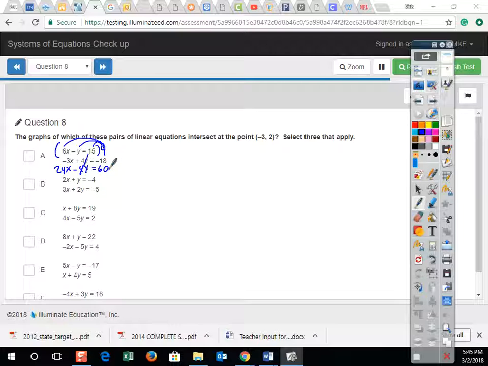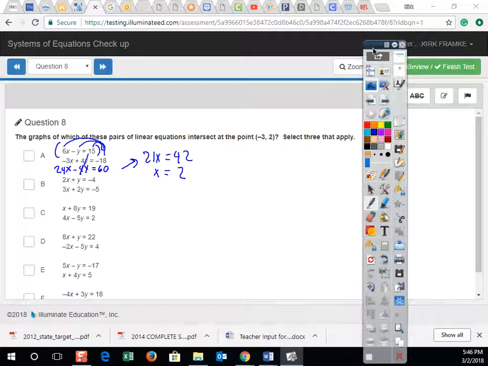The difference here, I'm going to have to write over here, the difference here is going to be 42. And that's 21x, so that x is going to be equal to 2. Right away I can tell that's not going to work. So I can eliminate that one. Because eliminating things is fun.